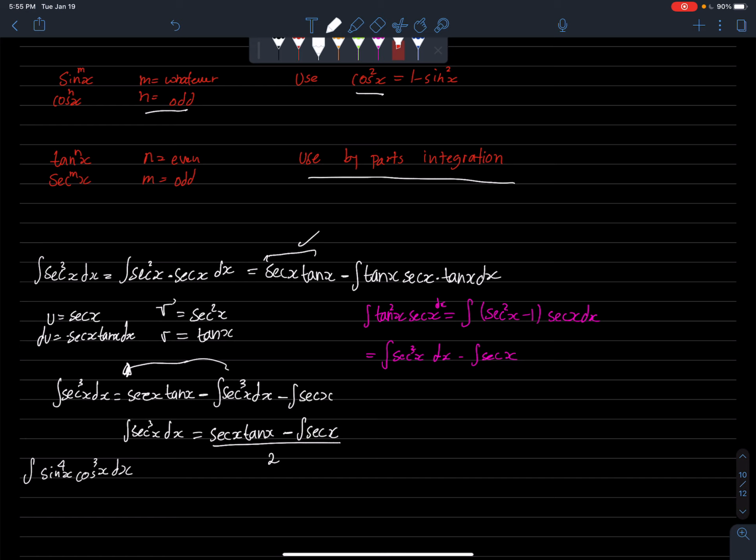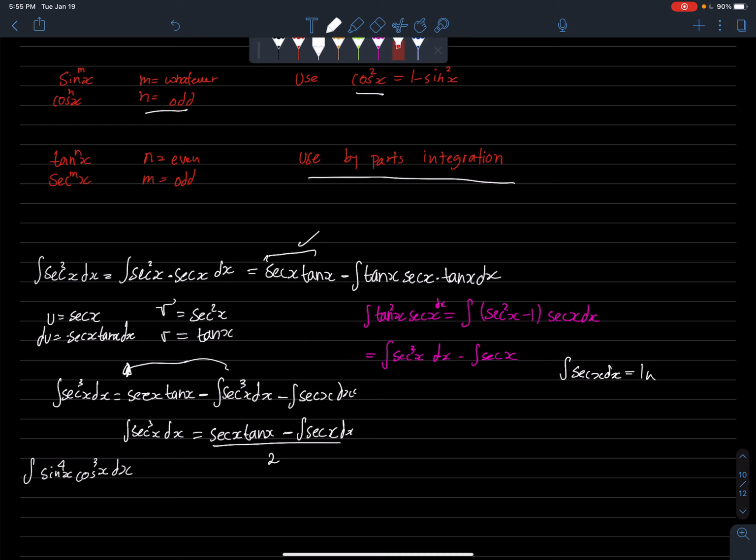Now, what is the integral of secant x dx? Well, this is actually an identity. Maybe I'll show it in a later video, but this is an identity you should memorize, because it takes far too much time to derive on a test. It's a pretty common integral you're going to run across, so there's no point doing it every single time.